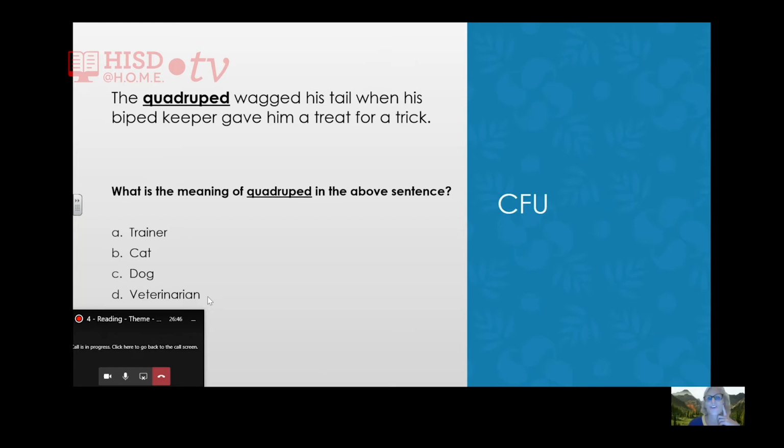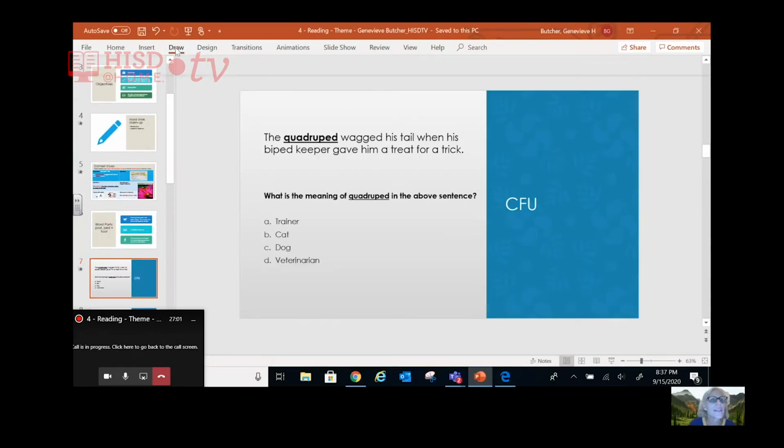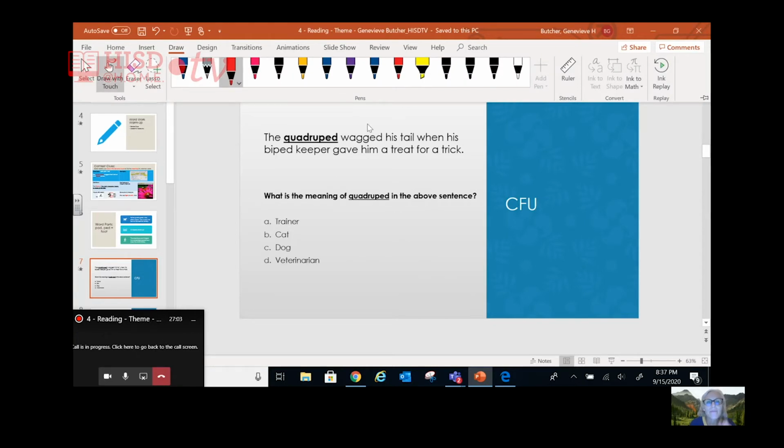Let's read this again. We're determining our context clues. Okay. The quadruped wagged his tail when his biped keeper gave him a treat for a trick. Okay. I want you to go ahead and pick your answer. Think about the context clues. The quadruped wagged his tail.